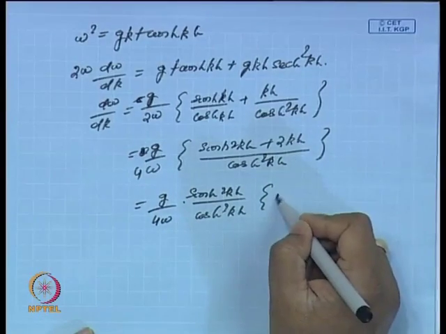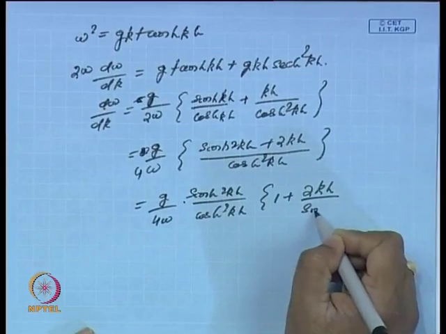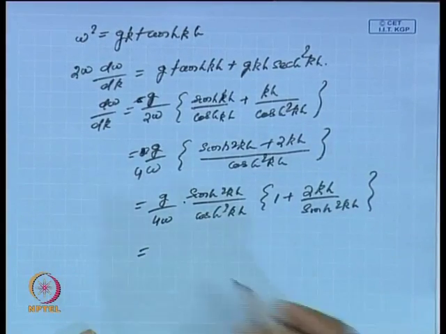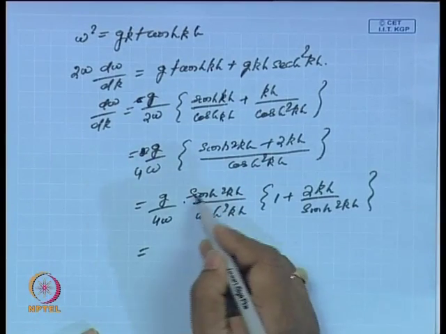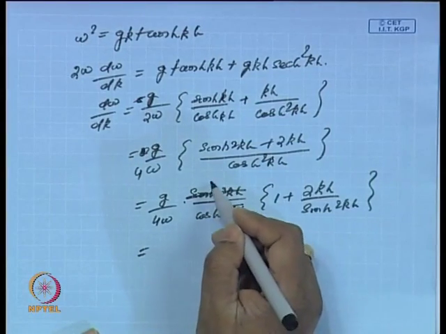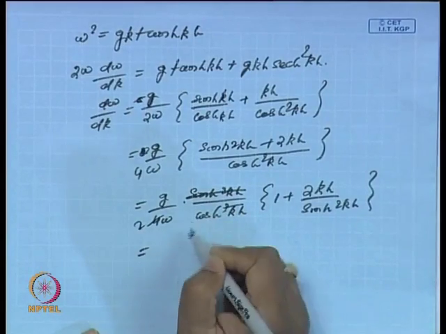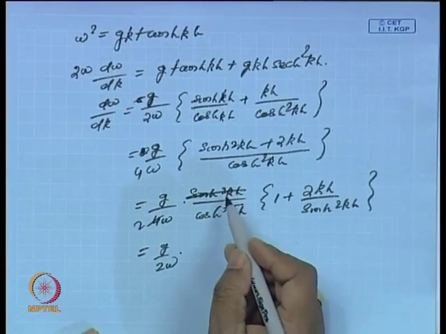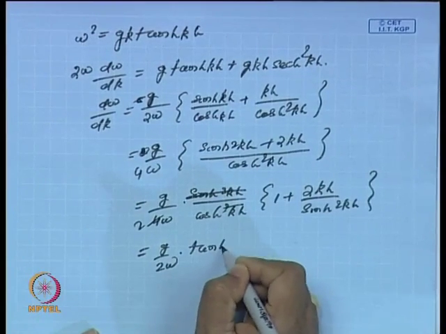I can call it 1 plus 2 kh by sin hyperbolic 2 kh, and this will give me 2 g by 2 omega, and this will give me tan hyperbolic kh.